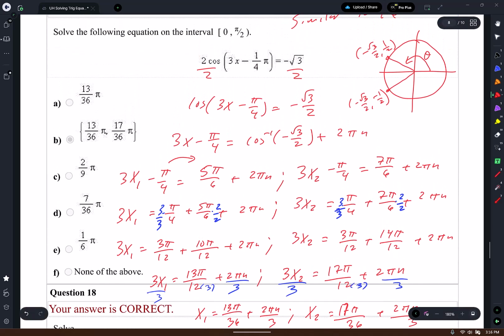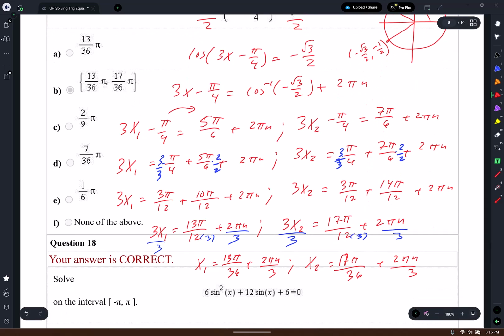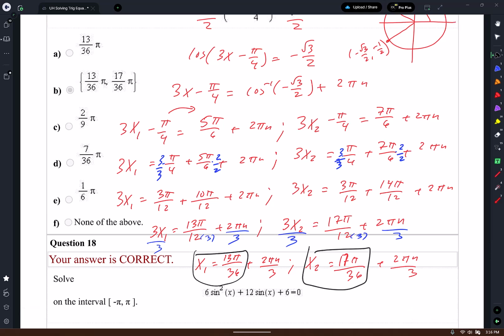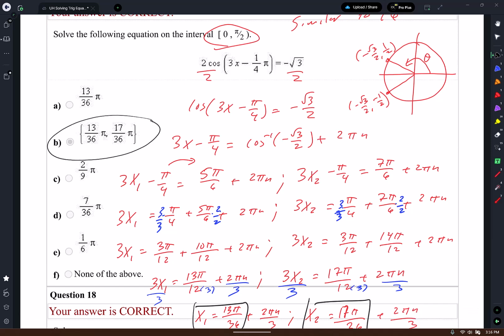All right, my domain is 0 to pi over 2. Yeah, that one and that one. Those are within 0 and pi over 2. How do you know that's smaller than half pi? The 17 pi over 36.